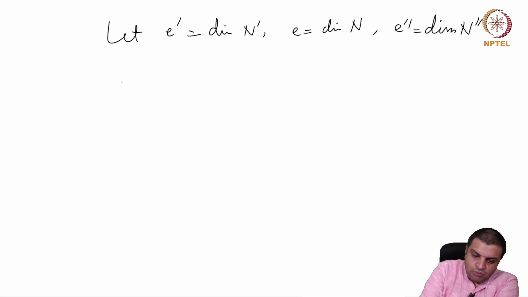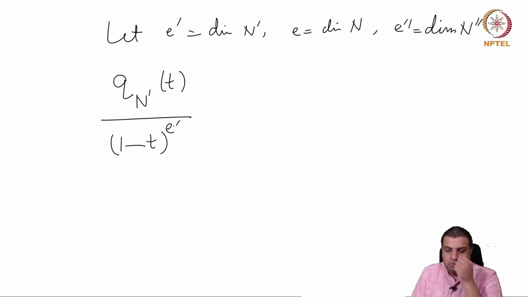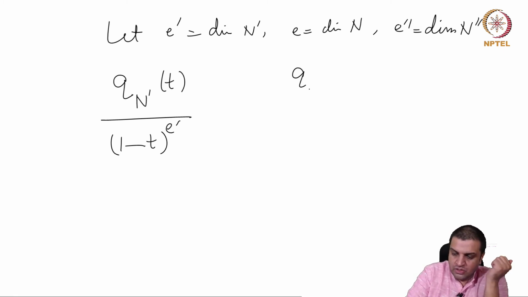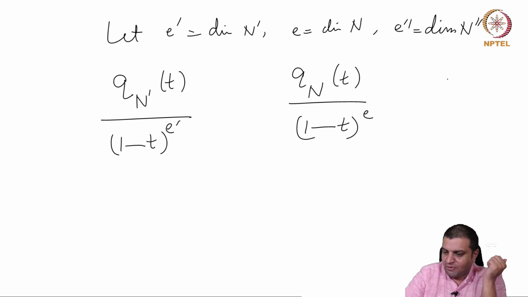Okay, so what do the three Hilbert series look like? One will look like q_{N'}(t) over (1 minus t) to the e'. The middle one we don't know what it is, but we are trying to prove that it is q_N(t) over (1 minus t) to the e, which is the expected form. And we assume that the theorem is known for N' and N''.